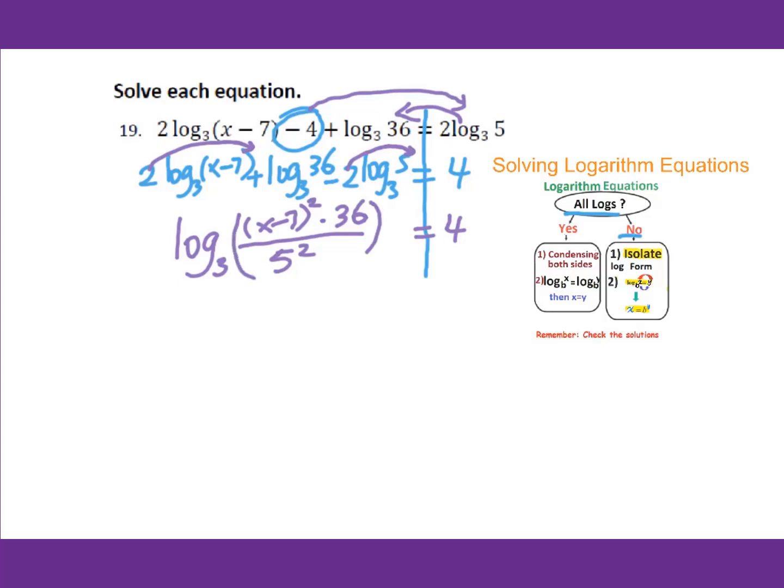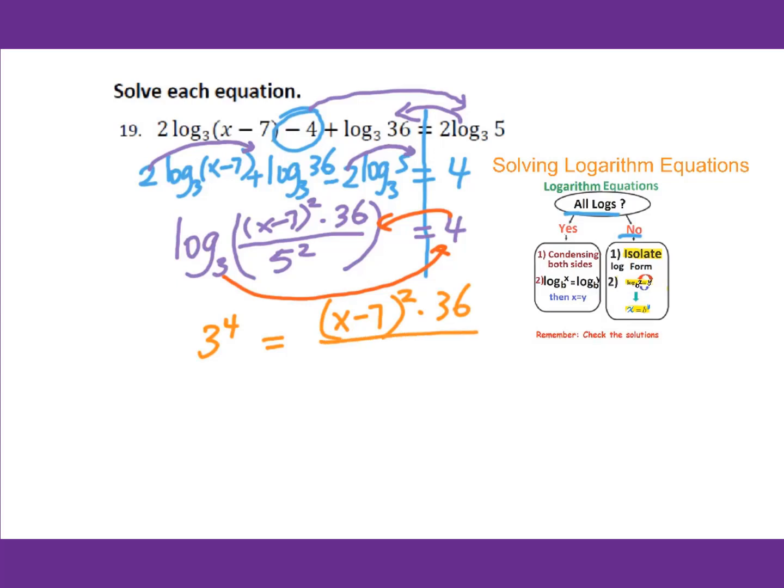This is the whole argument. Then we do 3 to the 4th power equals this argument. We got 3 to the 4th power equals x minus 7 squared times 36 over 5 squared.